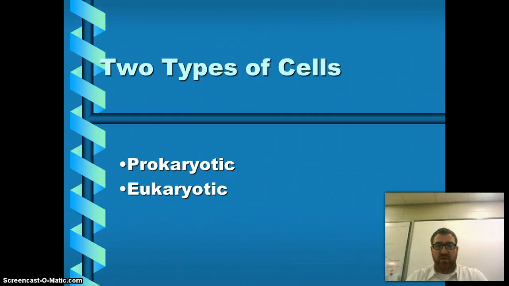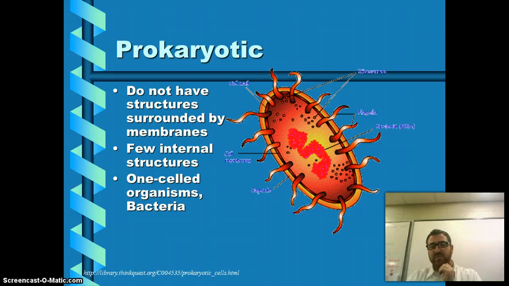Basically, in the world, there's two different types of cells. You're either going to have a prokaryotic cell or a eukaryotic cell. Now, to dive into each of them, generally, the prokaryotic versions do not have structures surrounded by membranes. They also have very few internal structures.